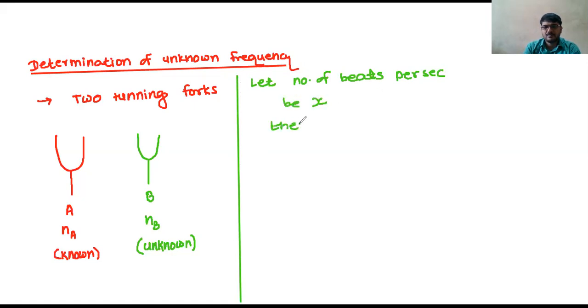Then NA minus NB is equal to x, or there is another possibility, that is NB minus NA is equal to x. Either NA is the greater frequency or NB is the greater frequency. And beats means just the difference between the two frequencies. So that's why either NA minus NB should be equal to x, or NB minus NA will be x. This is what beats is.